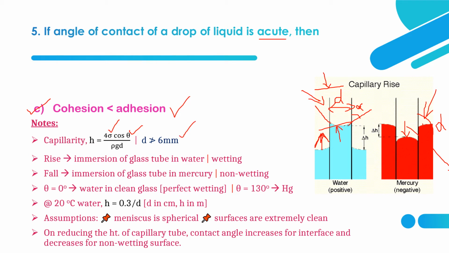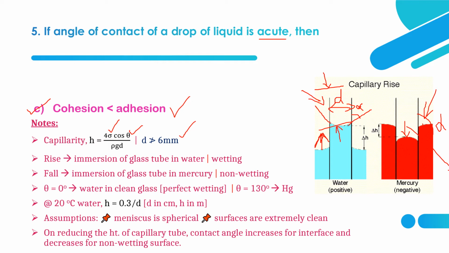If it is more than 6 mm, then capillary rise is not noted at all. If you want to note the rise or fall, we have to use a capillary tube of size less than 6 mm only. That is, the diameter of the capillary tube shall not be greater than 6 mm.